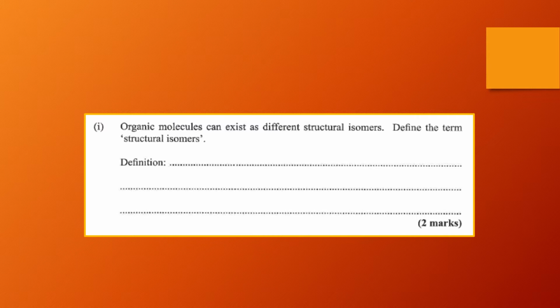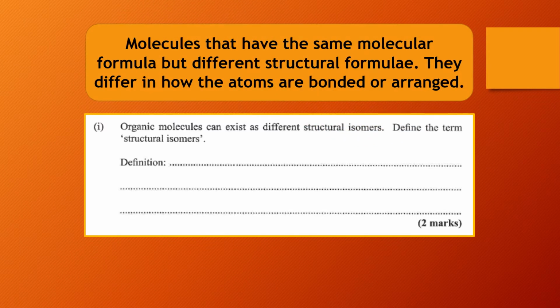Now, when organic molecules have the same molecular formula, but how the atoms are arranged are different, we say that they are forming structural isomers. So structural isomers have the same molecular formula, but a different structural formula, or they differ in how the atoms are bonded or arranged.